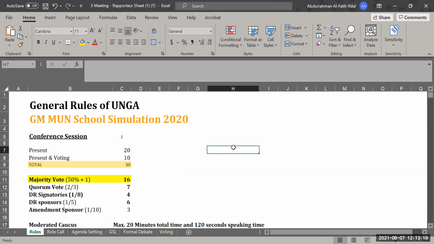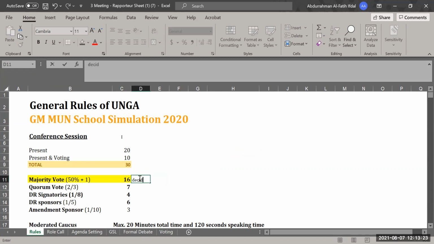When do we use majority vote? Majority vote is used when it comes to deciding motions. And in majority votes, everyone needs to vote, so you cannot abstain. We understand that in earlier classes, present means you can choose either yes, no, or abstain.